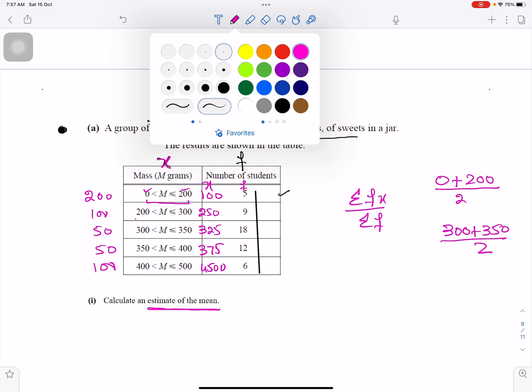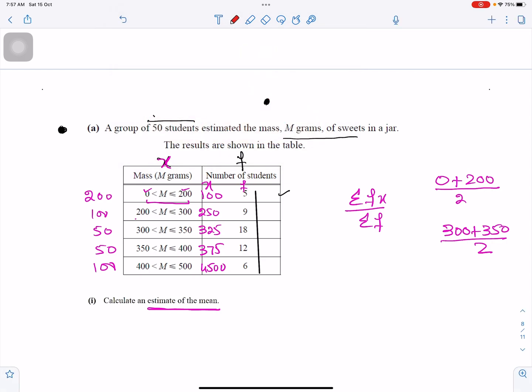So now these are your x values which you will multiply by frequency. Okay, now I am making a table here with fx so that I cannot make any mistake. I'll multiply this by this, and I will quickly write down the answers. 100 by 5, 500. 250 by 9, 2250.